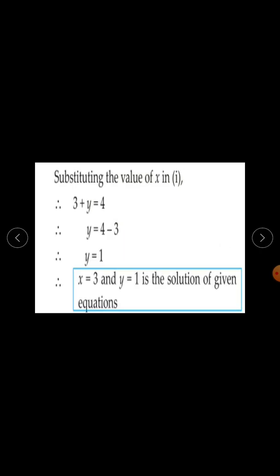The value of x is 3, so 3 plus y equal to 4. Therefore y equal to 4 minus 3. Therefore y equal to 1.